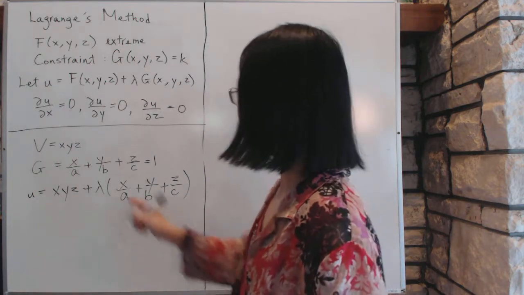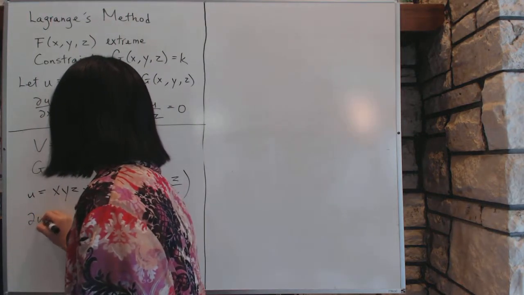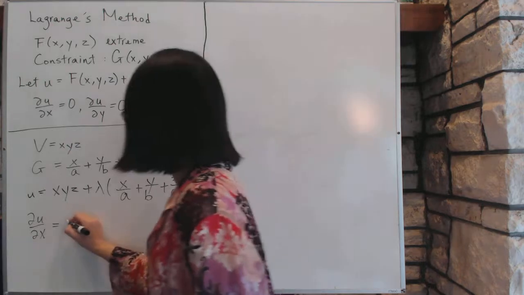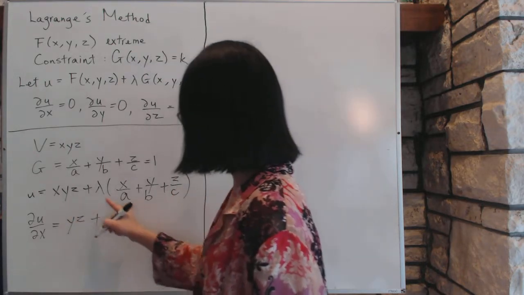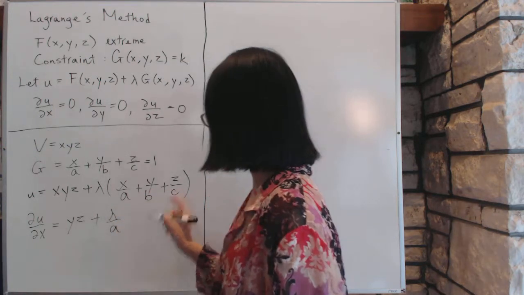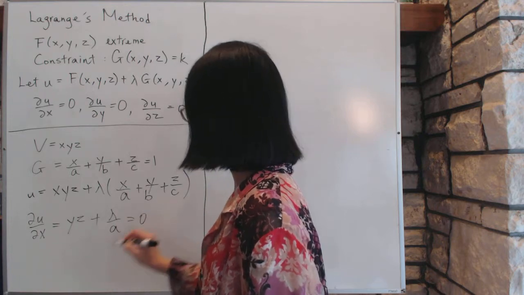Then the next step, we take all 3 partials. So partial u, partial x: with respect to x, we get yz, since y and z are both constants, and then plus lambda over a. This is set to 0.